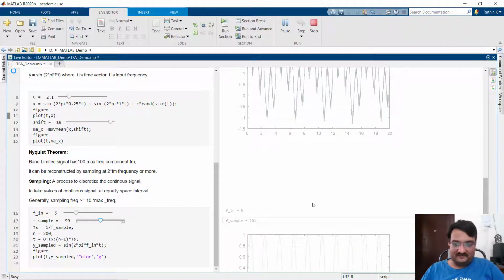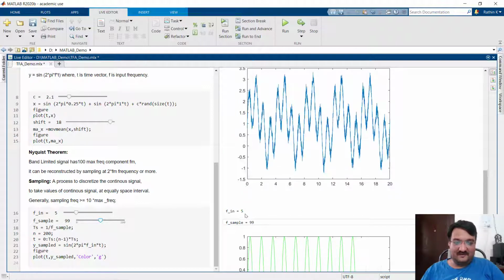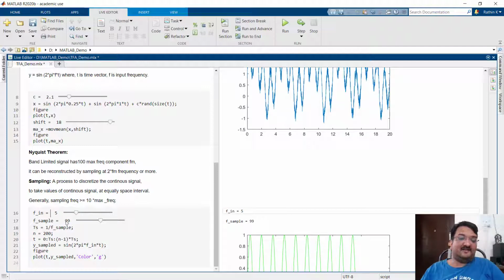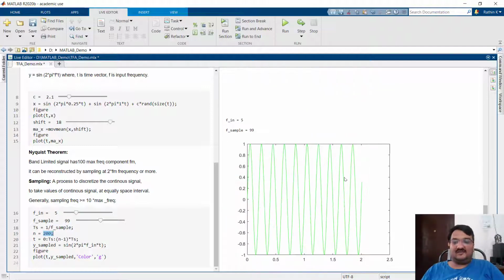is also fine. So you can see here your input frequency is 5, your sampling frequency is 99, which is almost 20 times that, and you are able to get a signal with input frequency 5. With input frequency 5 and sampling around 100, in 200 samples you will get data of 2 seconds, which is your duration.